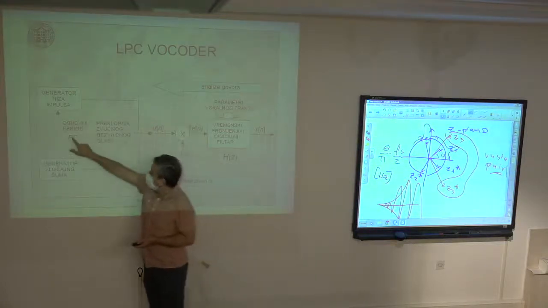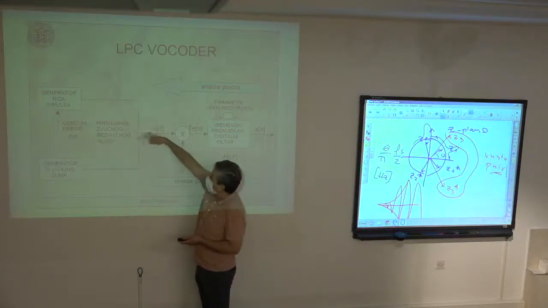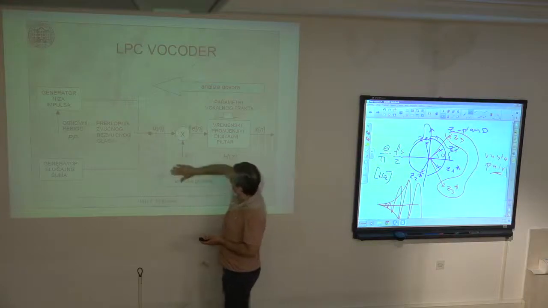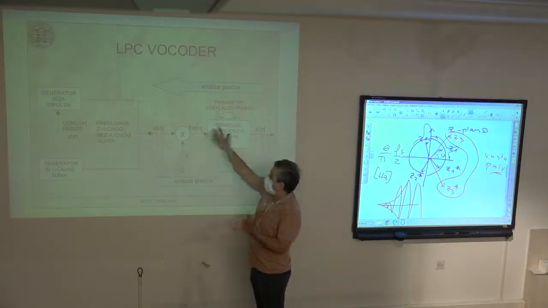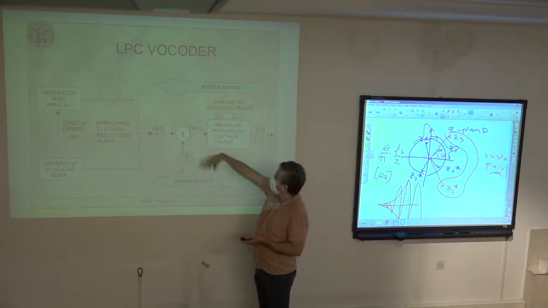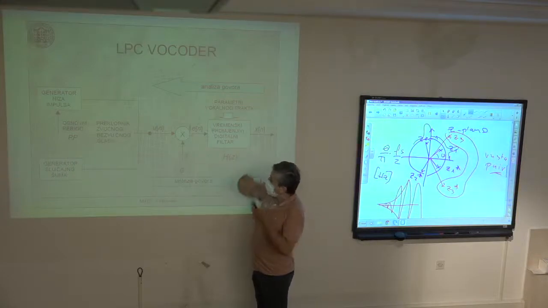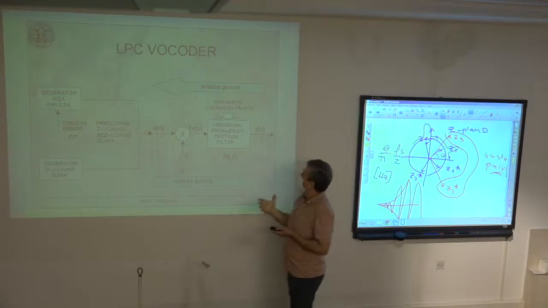I encode the pitch period. It is some integer number. I encode this binary position of the switch. I encode this gain factor as some value, usually in logarithmic representation due to the logarithmic behavior of our perception.